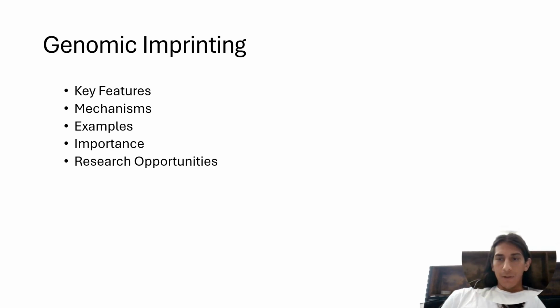Some mechanisms here, obviously DNA methylation, histone modification, chromatin structure, just the basic ways to modify the genome. Histone acetylation and then the chromatin structure, the modification of the chromatin structure, all influence genomic imprinting.